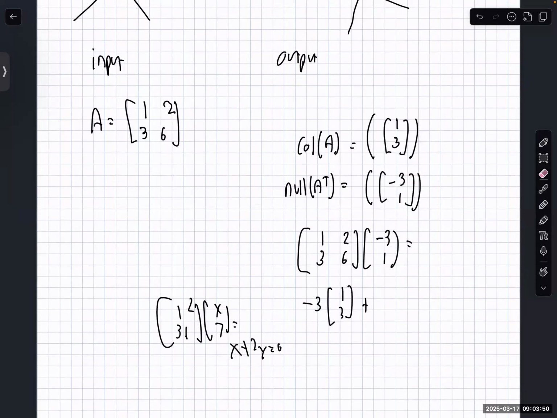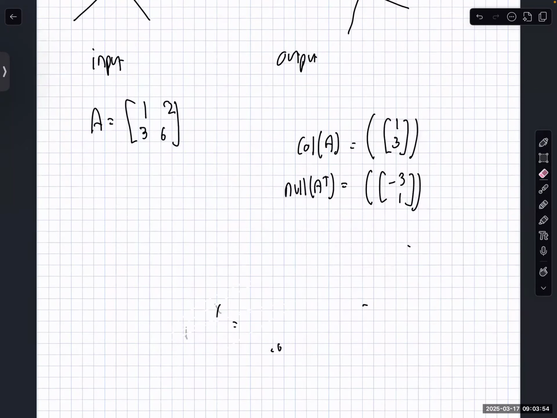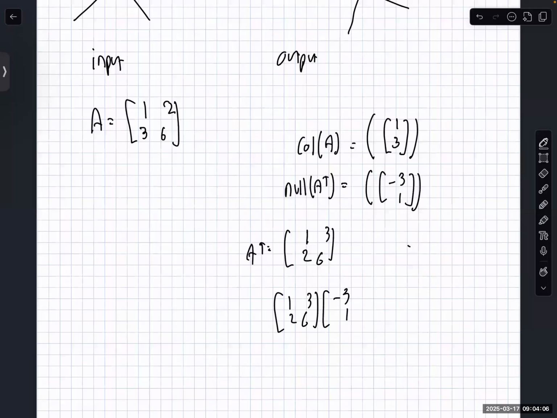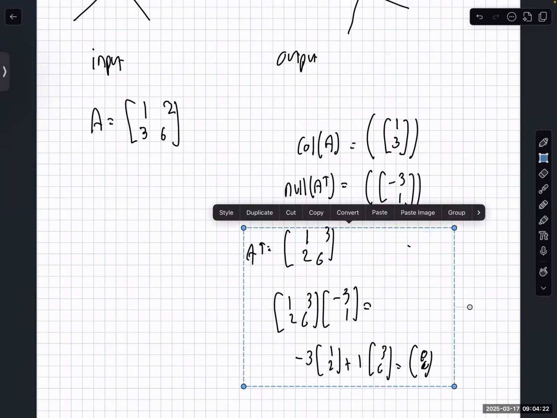That's my bad. So A transpose is written this way. So -3, 1 is an input that produces 0.